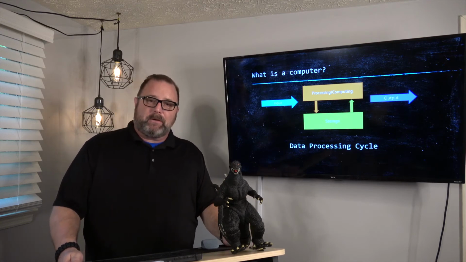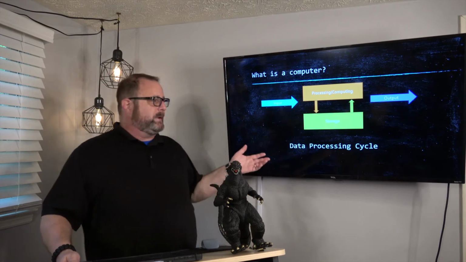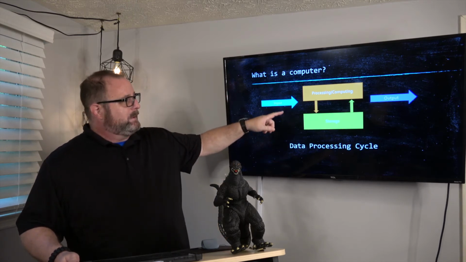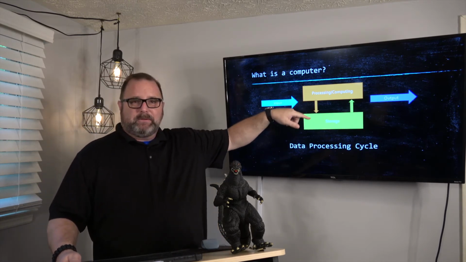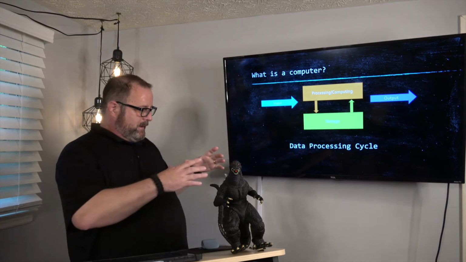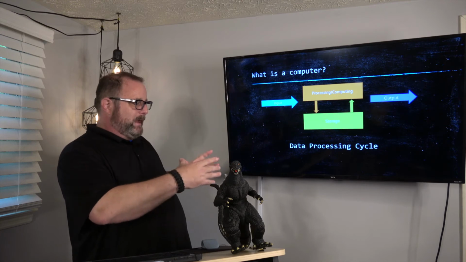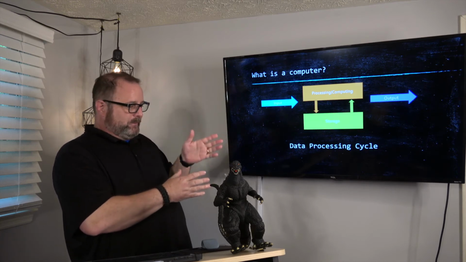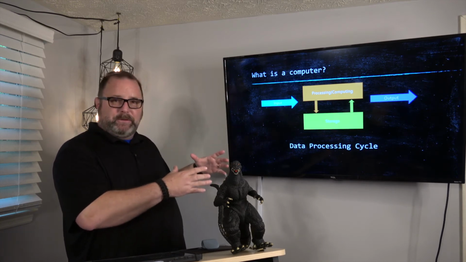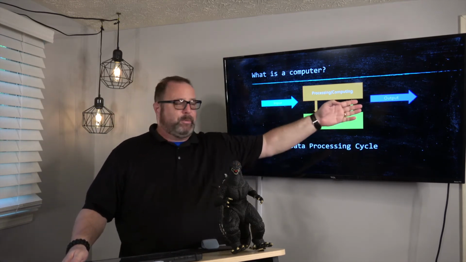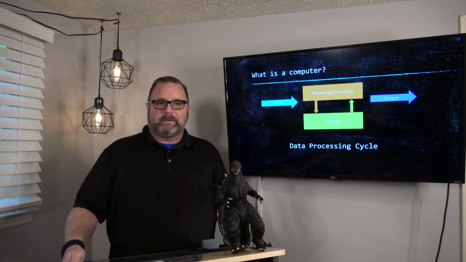Now you can make an argument, for example, that a sundial is a computer because it takes input from the sun. It's on a scale so that it's got a set of markings that tell me what time of day it is, and it's positioned such that the shadow of whatever the arm on the sundial is gives me the correct time of day, and the output is what time of the day is it.